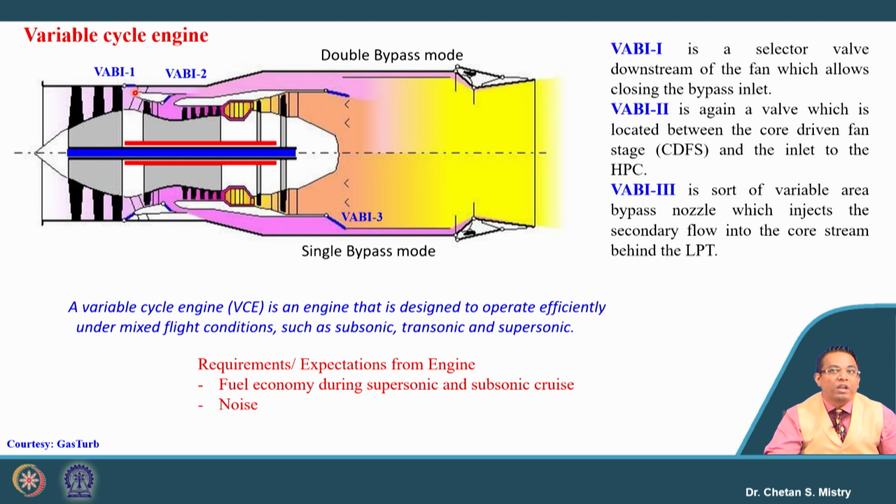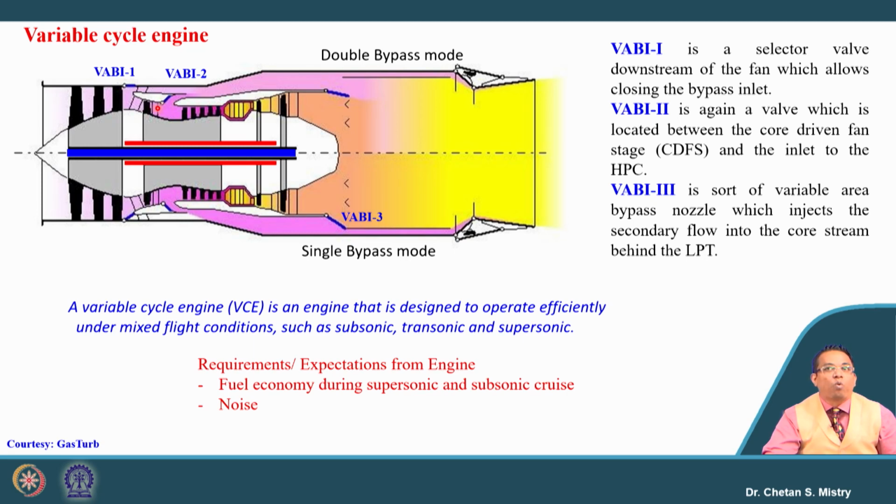This is a kind of switch; we can open and close this valve. In the same way, VB2 is a valve that is used to open and close as per the requirement. That's what is placed here.